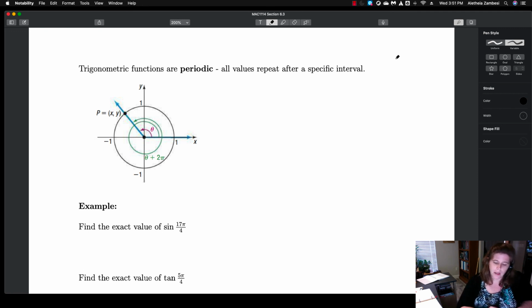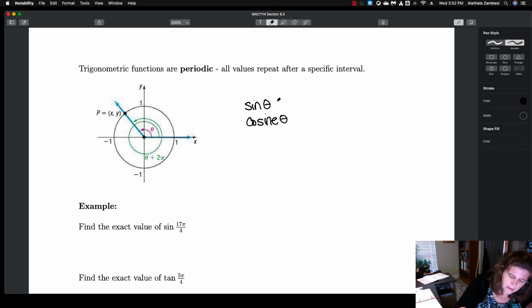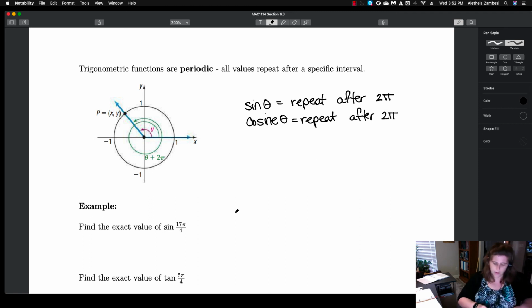So if you're talking about sine and cosine, these ones repeat after 2 pi. So if we're looking for the exact value of one of those things, then we can put it in the 0 to 2 pi and then use the unit circle.